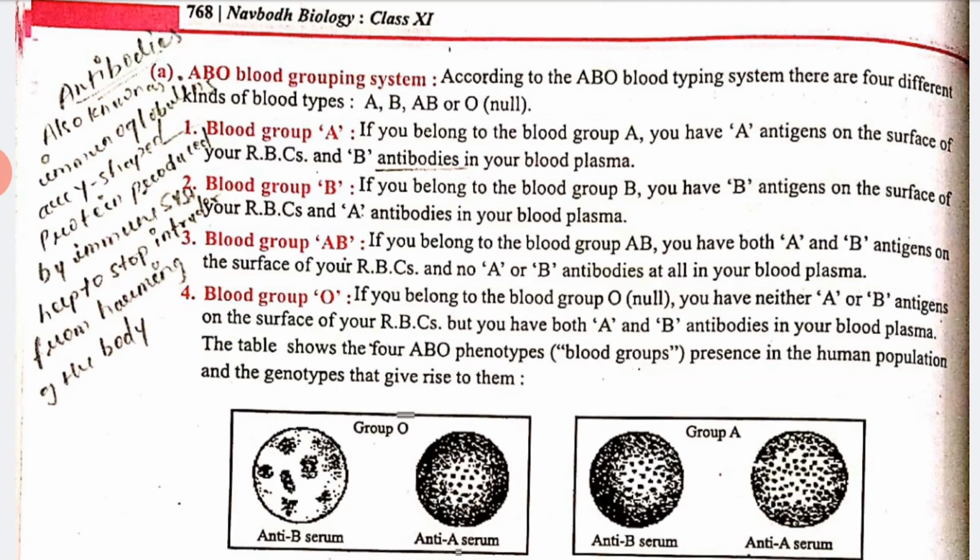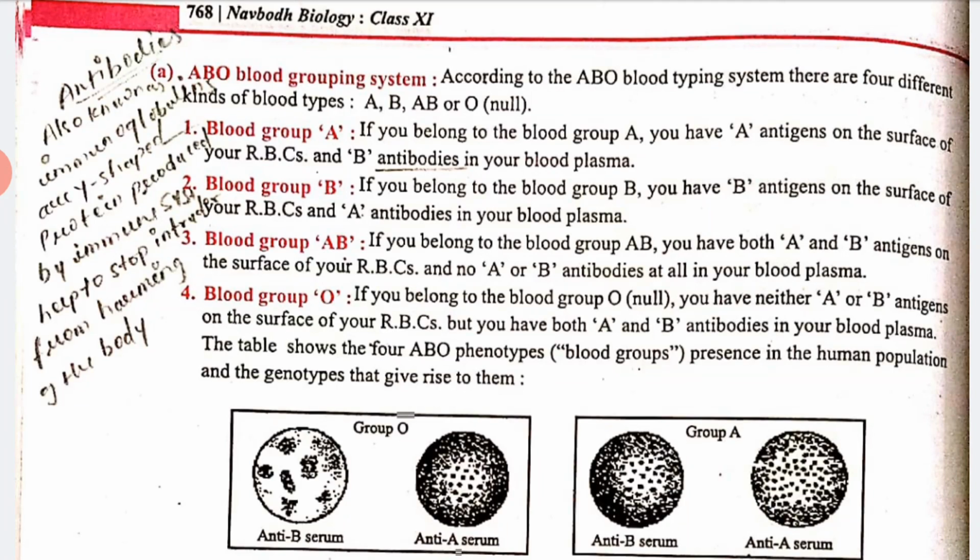If you belong to blood group A, you have A antigen on the surface of your RBCs and B antibodies in your plasma. If you have blood group B, then you have B antigen on the surface of the RBCs and A antibody in your plasma.